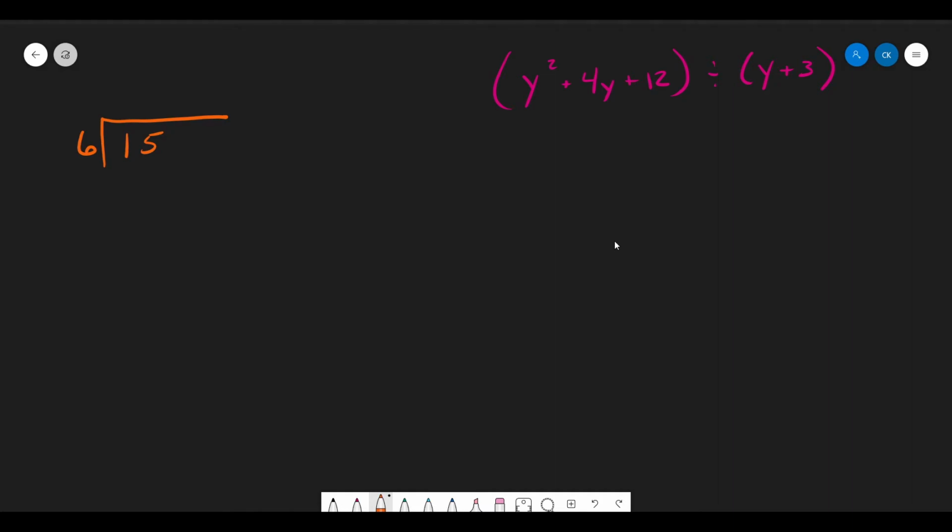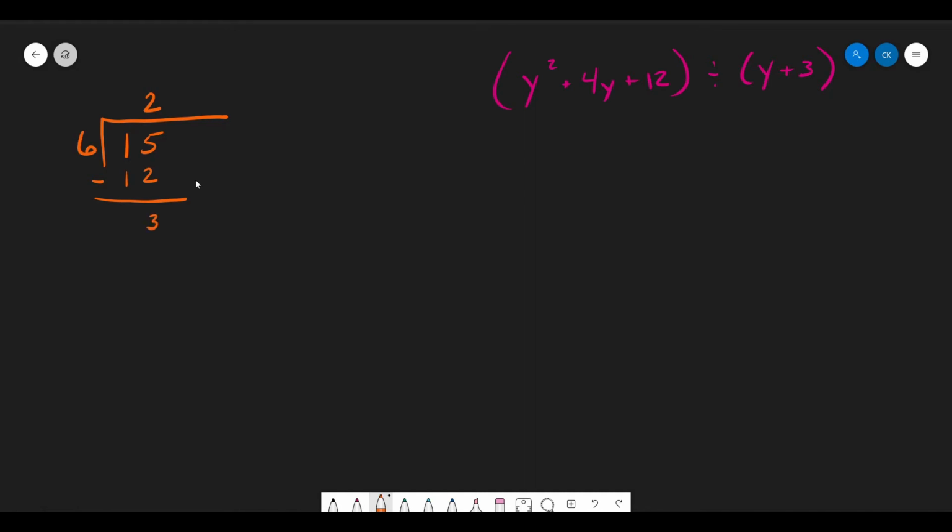Okay? So if we remember, the way that we learned long division was we said, how many times does 6 go into 1? Well, 6 doesn't go into 1. So then we said, okay, how many times does 6 go into 15? Well, 6 goes into 15 2 times. So we put the 2 up top. Then we said, okay, 2 times 6 is 12, and then we subtracted those two numbers. 15 minus 12 gives us 3.